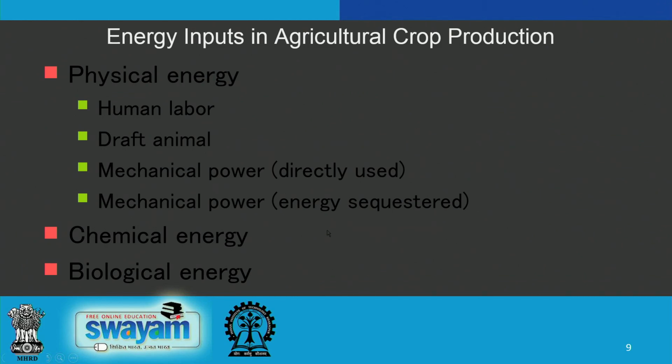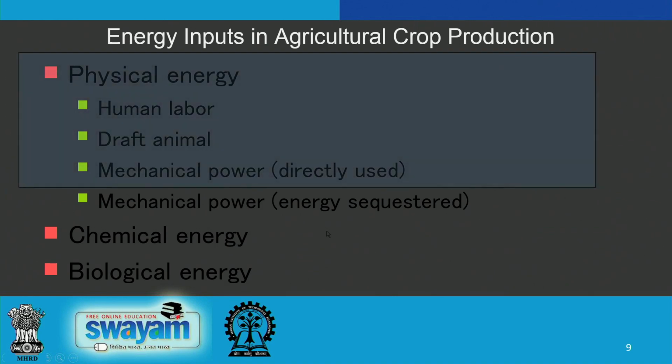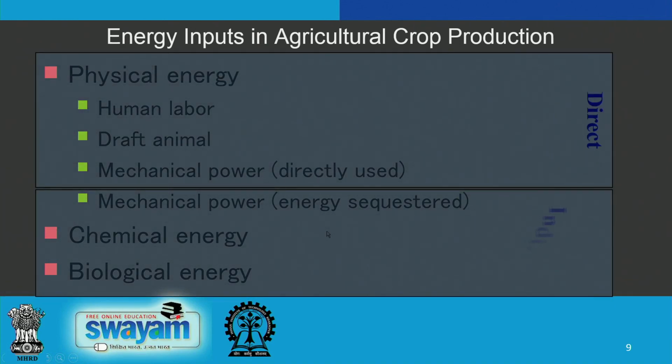The second energy input is the chemical energy, and the third one is the biological energy. The chemical energy is imparted in terms of different agrochemicals, whereas the energy stored inside the seed is considered as the biological energy contribution. Now, further, these energy inputs can be classified or considered as direct or indirect inputs of energy in agricultural crop production.